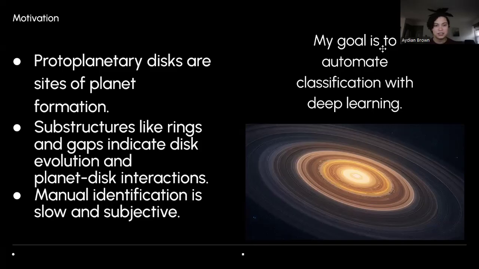Automated classification using machine learning provides a reproducible, scalable alternative, which is increasingly necessary as instruments like ALMA generate large volumes of high resolution data, and especially with Rubin Observatory bringing a large influx of data each new year that it's open.